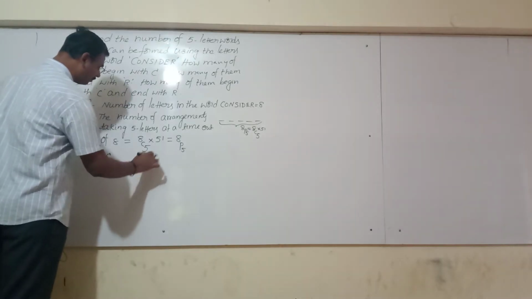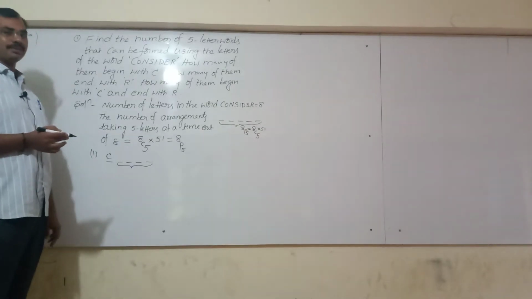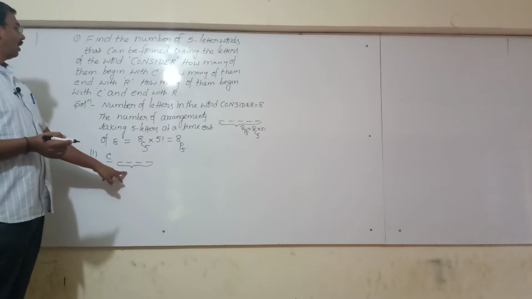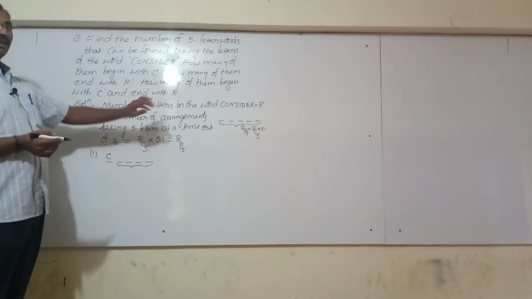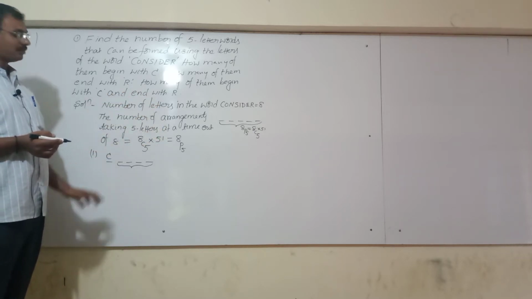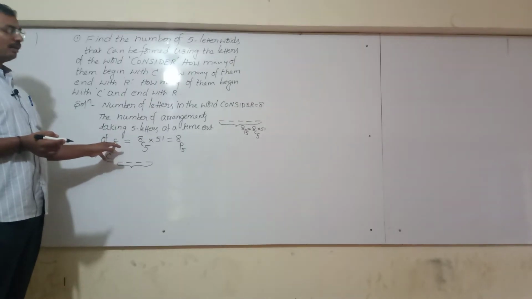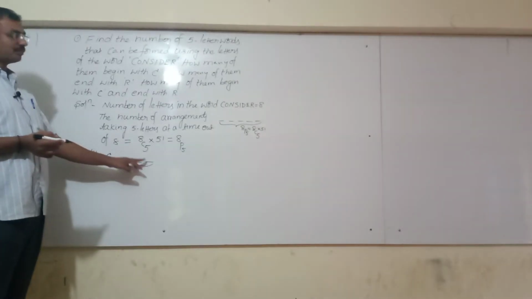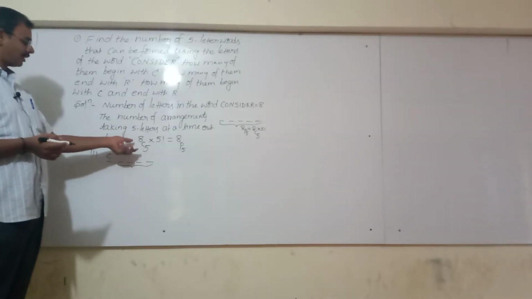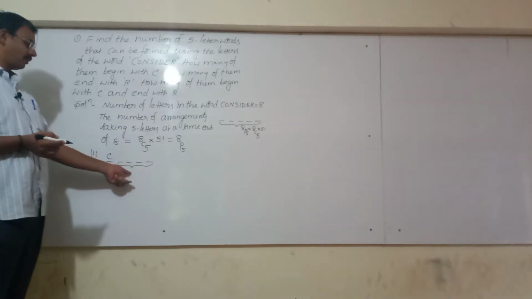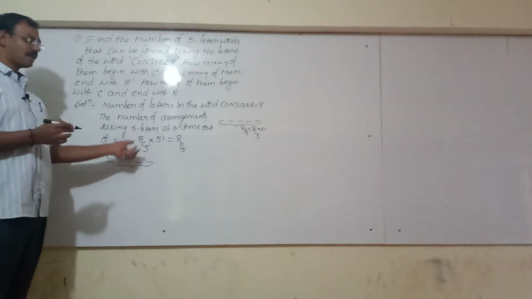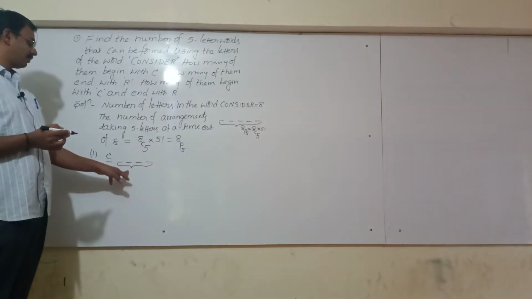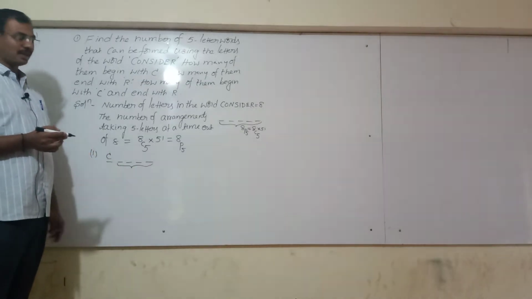There are 4 positions left. How many letters are remaining? 7 letters and 4 blanks. How many ways can I fill this? Using the formula, first select: 7C4, into arranging these 4 letters in 4 factorial ways. So this is nothing but 7P4, also correct.